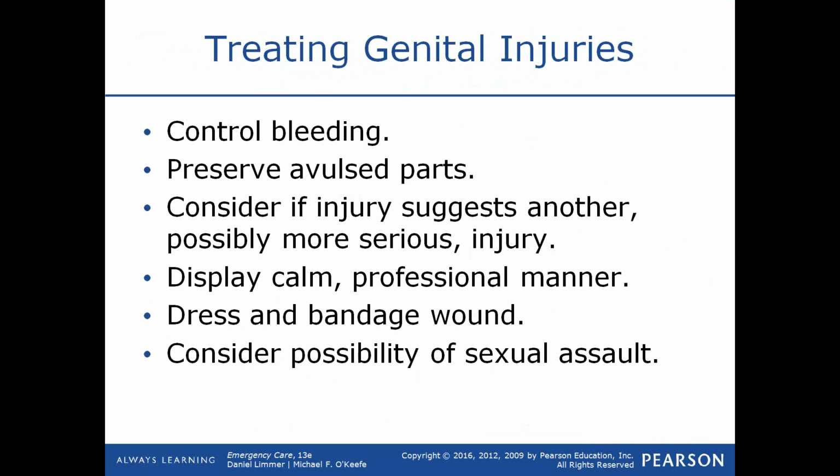You want to use a sanitary napkin, ABD pad, something over the outside soft tissue with a little bit of direct pressure, but we're not going to pack anything in the vagina. You want to preserve any avulsed parts.